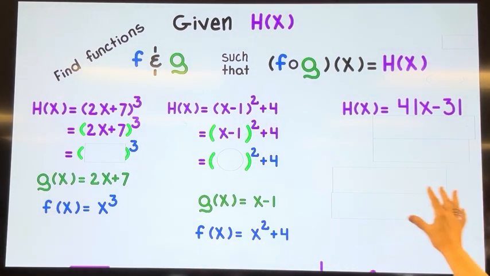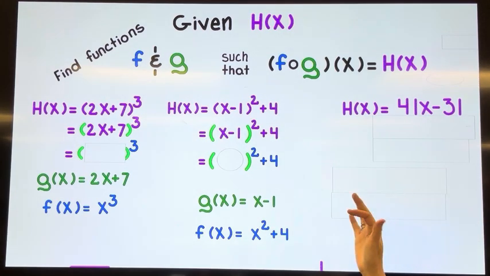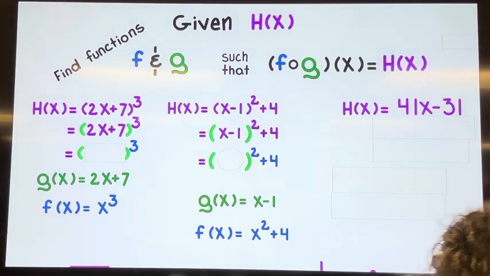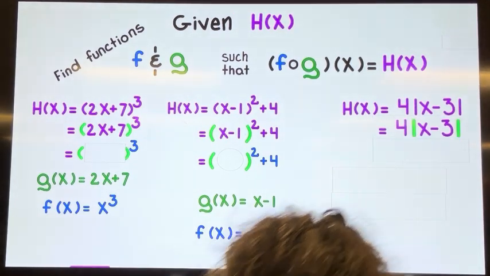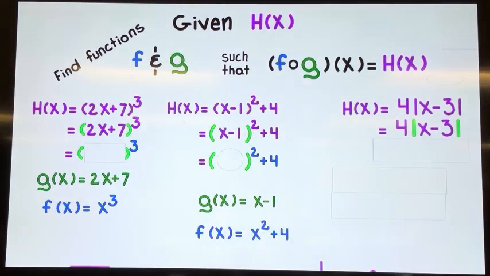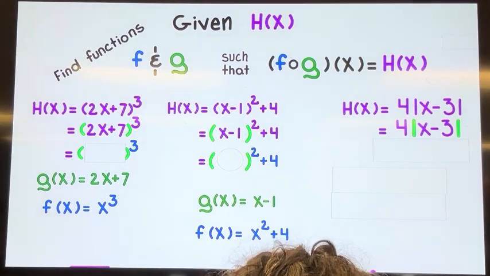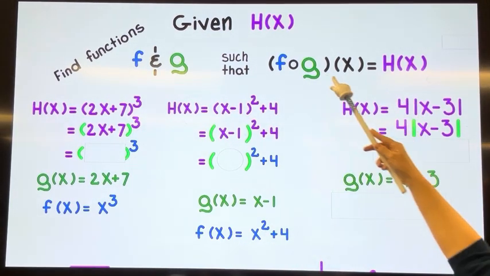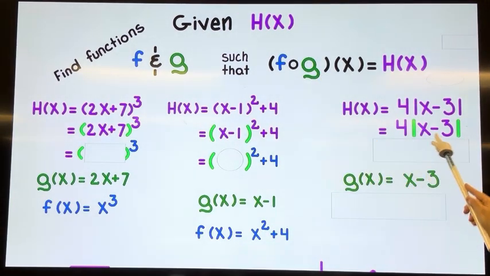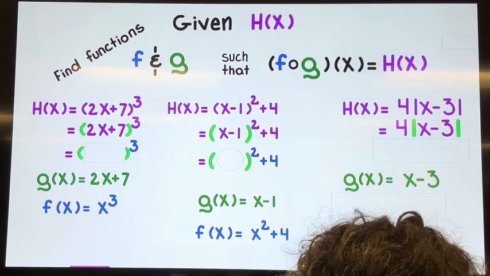Okay, so here's another one. This time the grouping symbols is a set of absolute values. So just emphasizing those absolute values as the grouping symbols. What's inside the grouping symbols is my input function. So my input function for this one is g, so g is x minus 3.